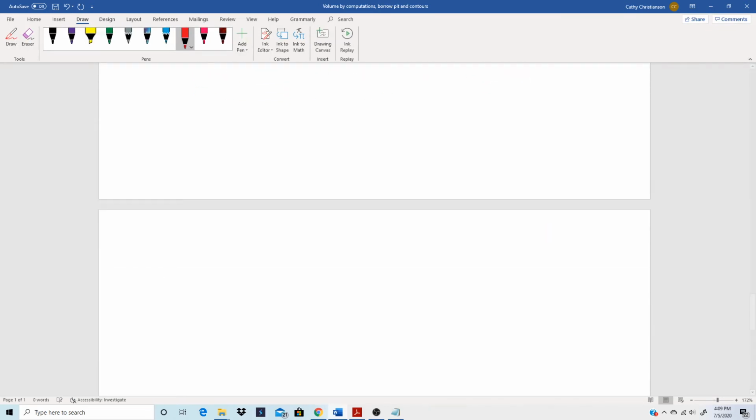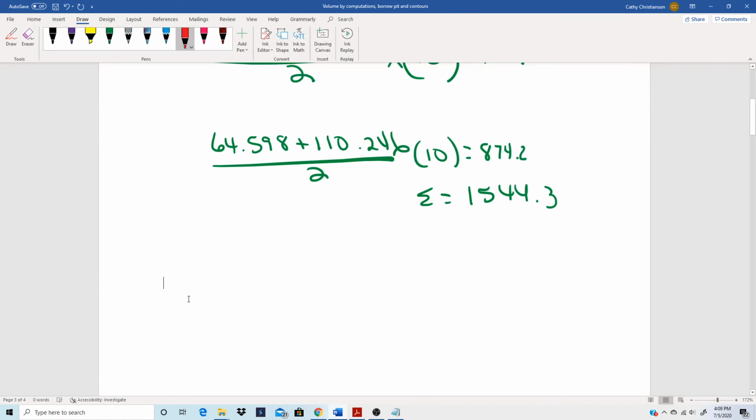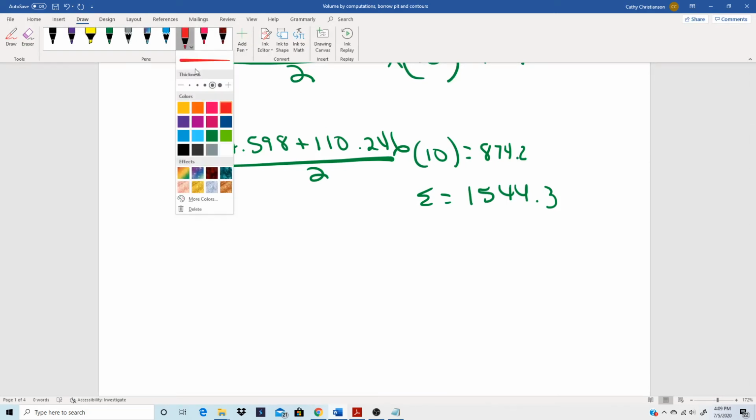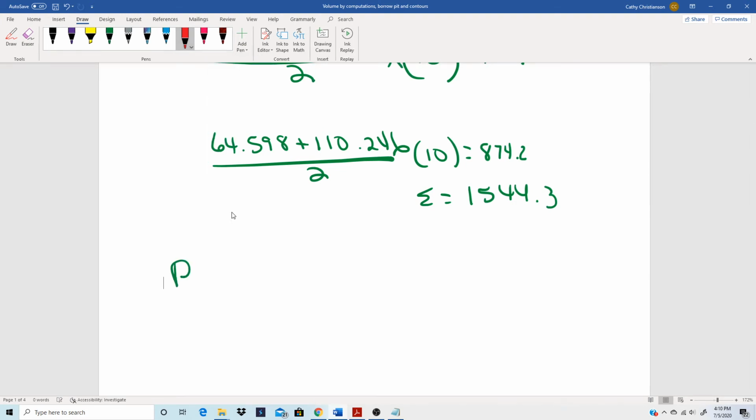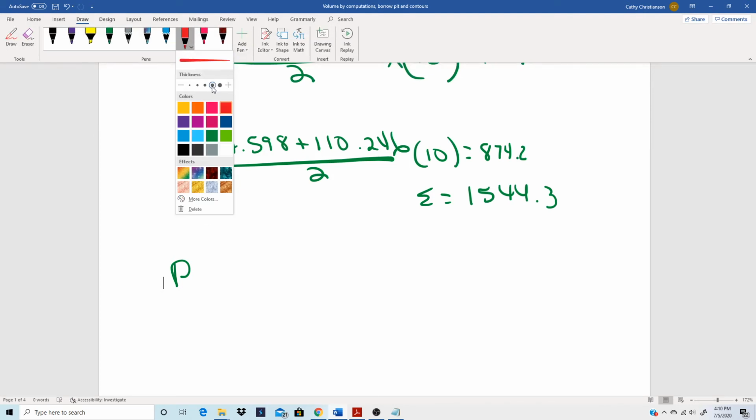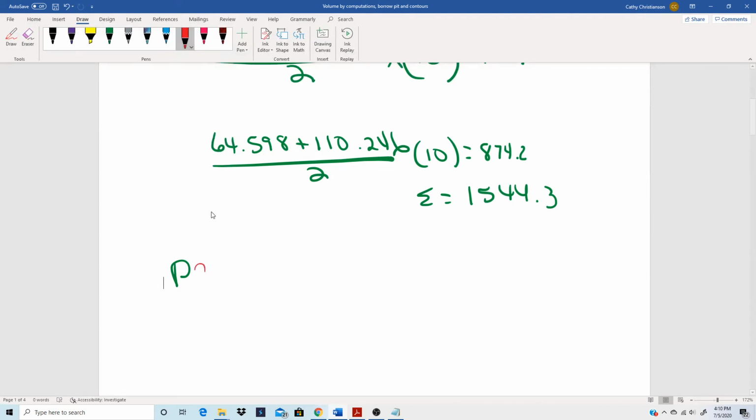I'm just going to go ahead and scroll it out. Alright, so I'm going to work page 797. This is problem 2625.